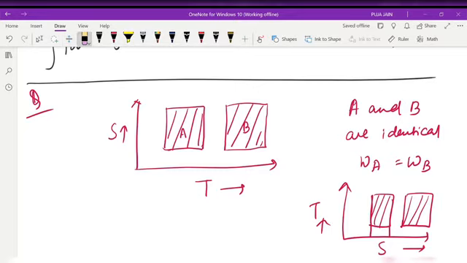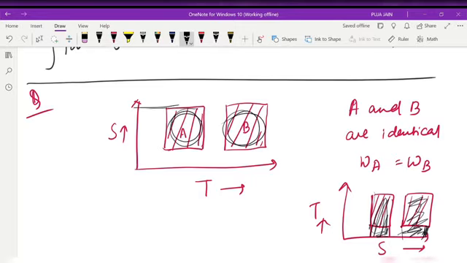Then our Q for block A will be this whole thing, and for block B, this whole thing, that is the total area under the curve. Work will be the area under this block, and our Q, that is the heat, will be the total area. But this is ST, this is not TS, so we will use this axis.